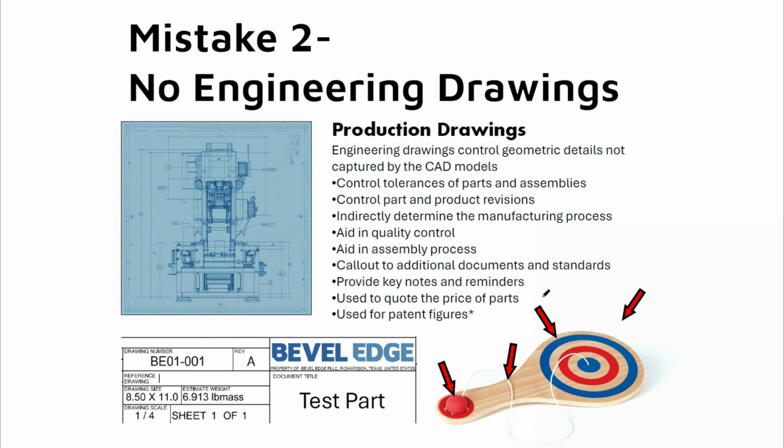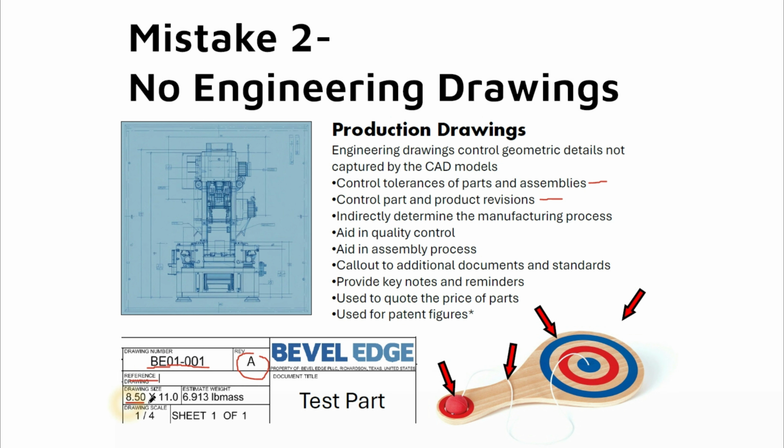So an engineering drawing gives you additional controls. So controls tolerances of parts and assemblies, right? It controls the part and product revisions. What does that mean? So this is the illustration in the bottom left. This is a sample bevel edge drawing. Every drawing controls its revision. So you have maybe revision 1 of the paddle. So here's going to be that specific part number that identifies which geometry we're talking about, which revision it is, maybe some reference drawing.